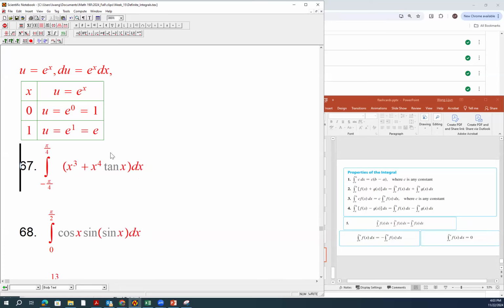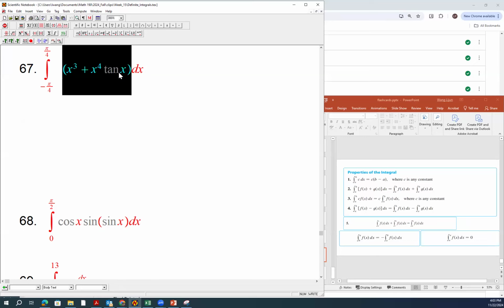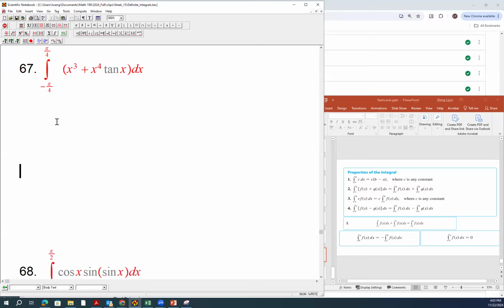67. Okay, what about 67? 67 is a function, right? Right here. You may think of any way to substitute. We also notice that this is an interval.